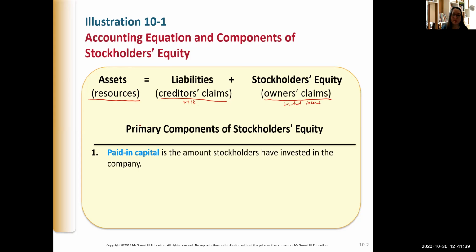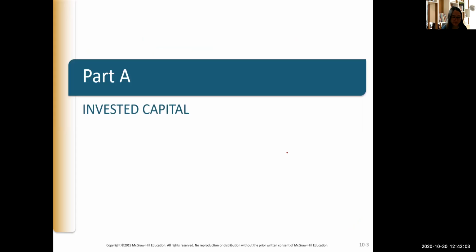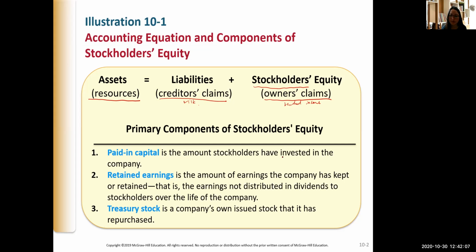In order to further understand what stockholders' equity is, we divide it into three parts. The first primary component is paid-in capital. So what is paid-in capital? Paid-in capital means the amount the stockholders have invested in the company.